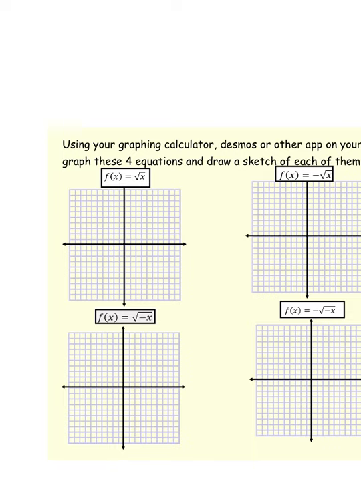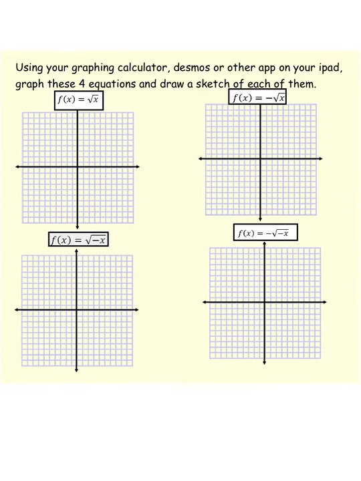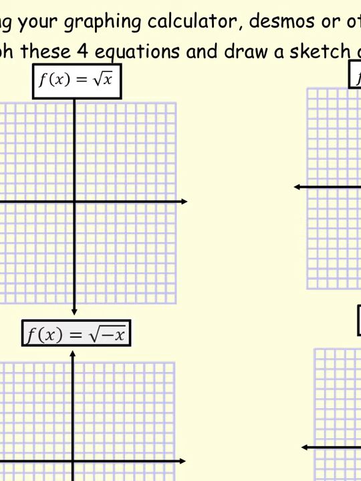If we look at what the table for each of these would look like, for the root of x, it's our typical table, which would be 0, 1, 4, 9.